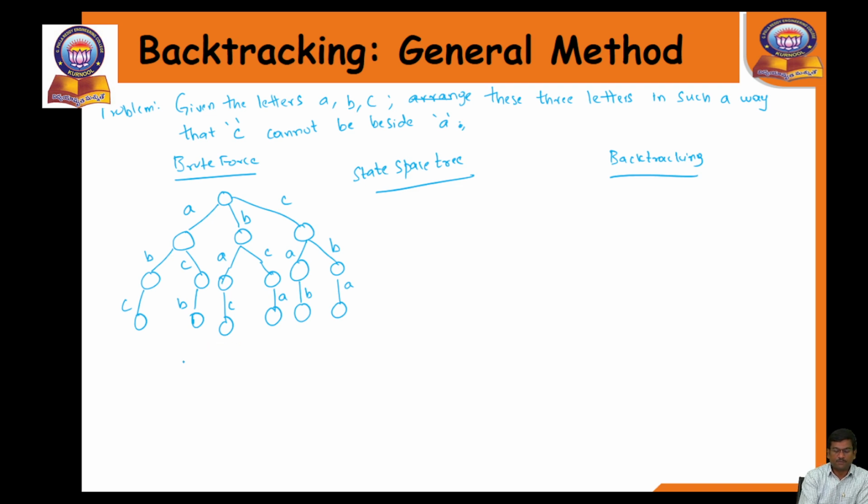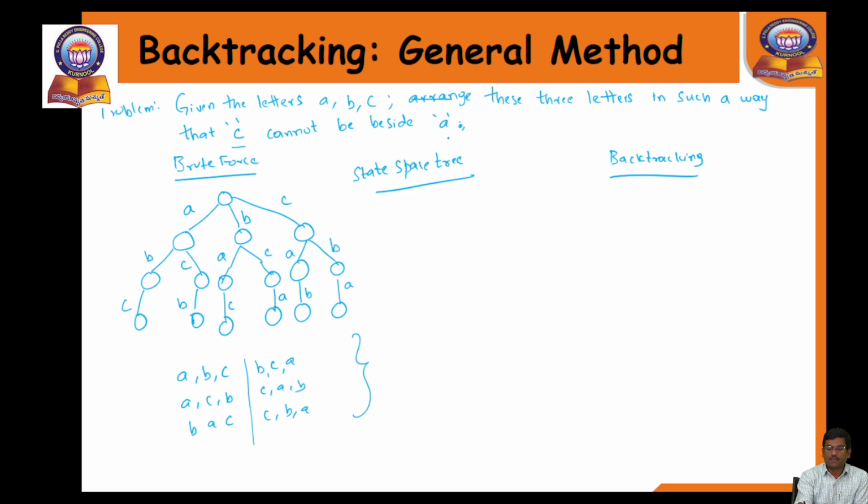Here, the possible solutions of your brute force method are A, B, C; A, C, B; B, A, C; B, C, A; C, A, B; and C, B, A. These are all the arrangements of the 3 letters. Out of these, what is the problem that is given?